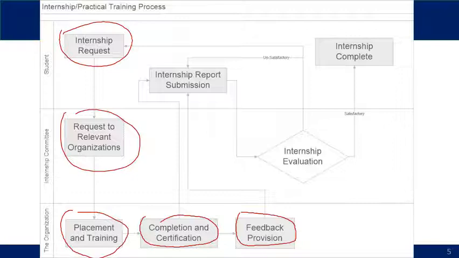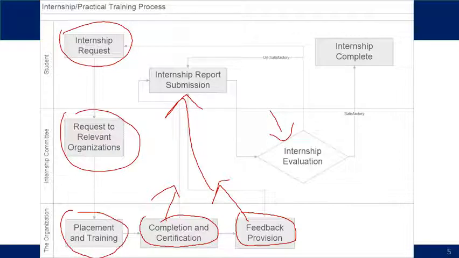So these two documents, the completion form along with the report and feedback form, are submitted back to the department, which is evaluated by the departmental internship committee and a faculty member.